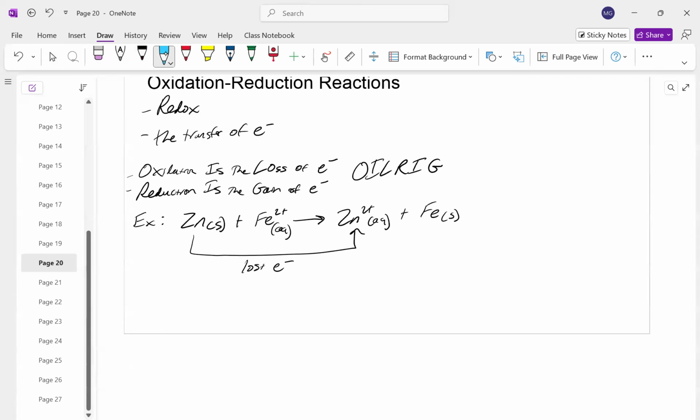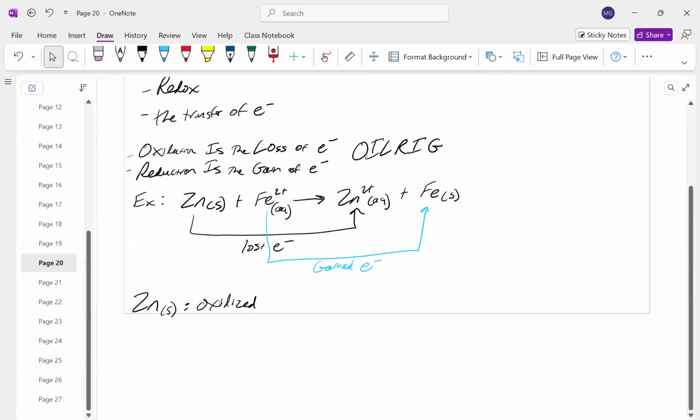And if we look at what happened to iron, iron went from +2 to 0. In order to do that, it gained electrons. So we would say that the zinc metal got oxidized, and we would say that the iron ion got reduced.